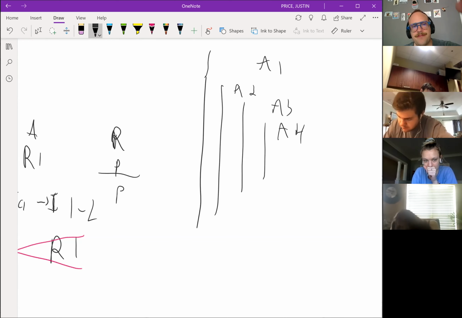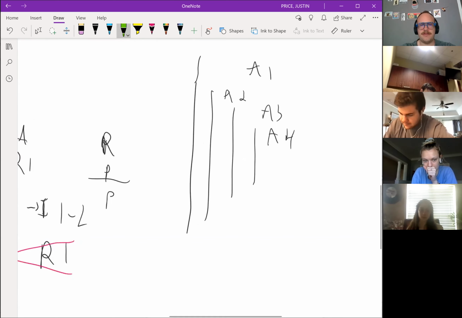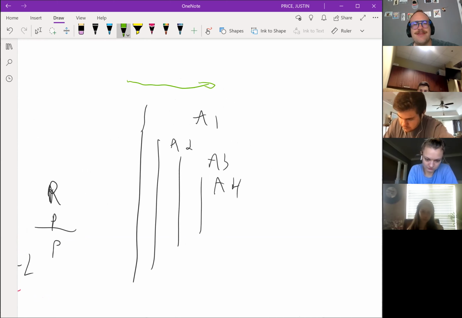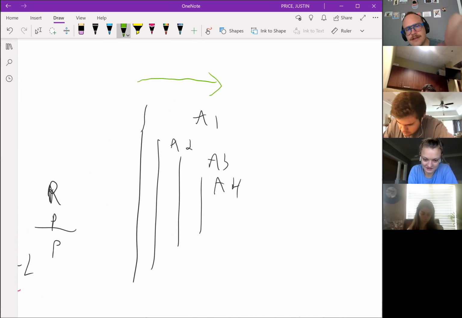Going from left to right, citing is permissible.